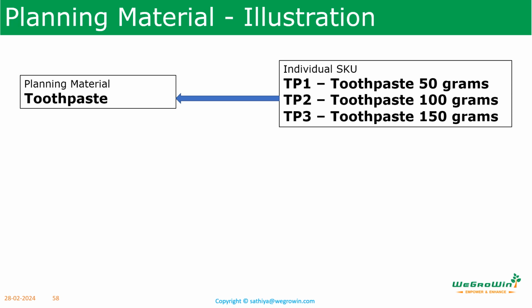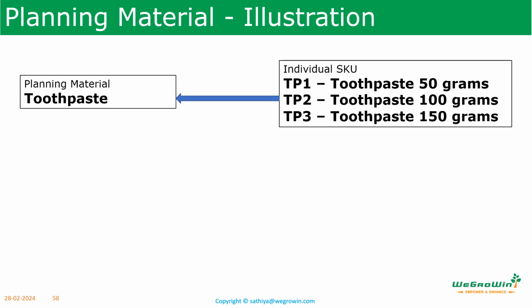Now let us come back to our toothpaste and TP1, TP2, TP3. These individual materials are linked to the planning material in the MRP3 view, right? If you take the MRP3 view of TP1, the planning material will be toothpaste. If you take the MRP3 view of TP2, the planning material will be toothpaste. Like that, it will be entered there. So we are creating a link.